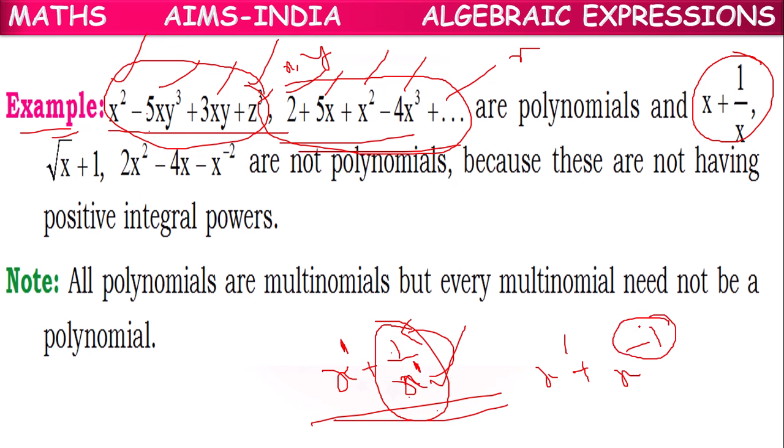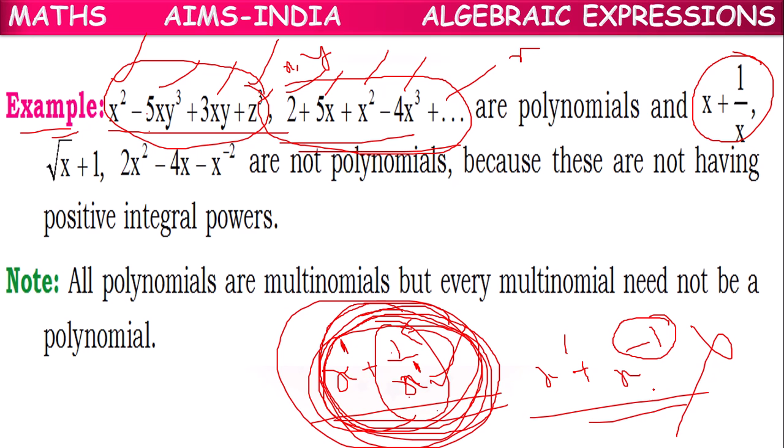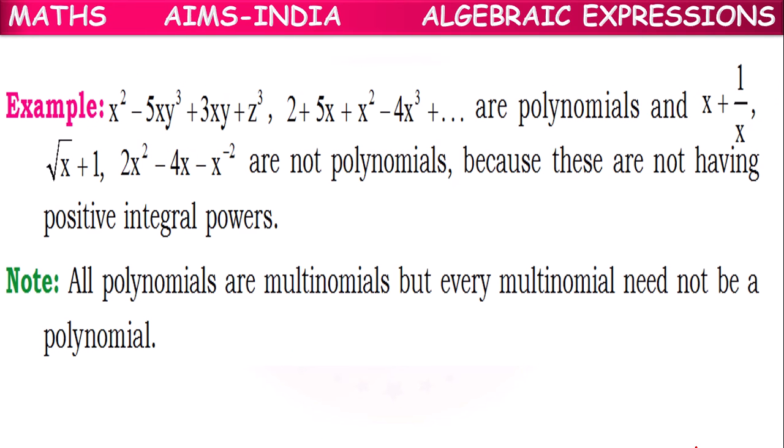In the exponent, we will get a negative term. It's not a polynomial. It's only a binomial, two terms. It's a binomial, but it's not a polynomial.